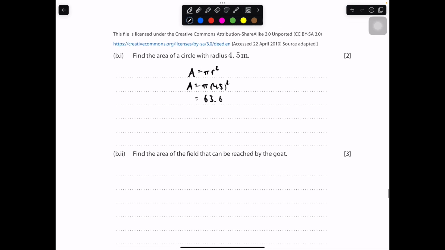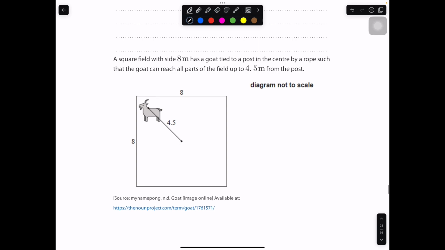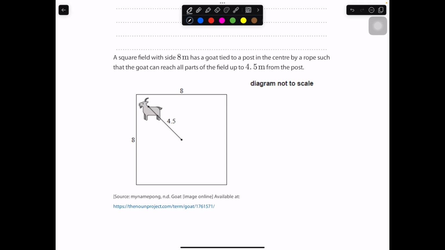Alright, so the area of the field that can be reached by the goat. Here's this goat, and what does the goat do? He wants to get some food. And there he is, but we see that the goat can't get all of the food. So we want to find the area that can be reached by the goat.